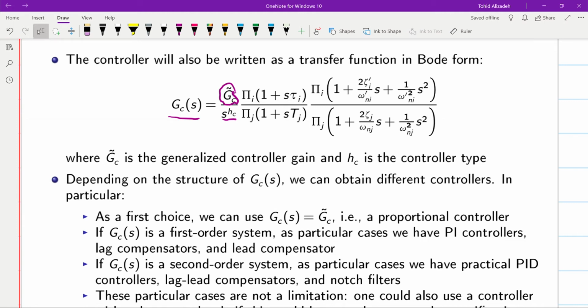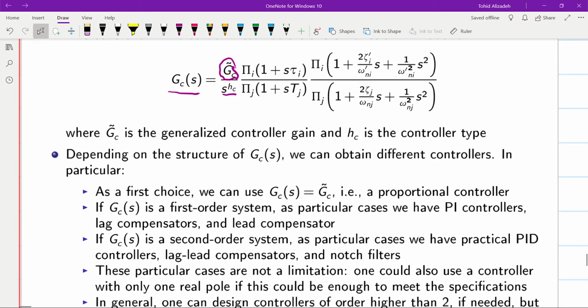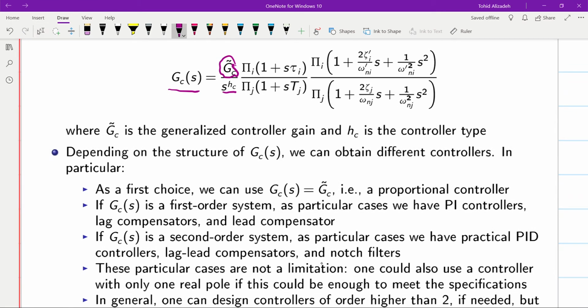The different types of controllers that we have start with a proportional controller, where GC(s) will be equal to GC tilde. This will be the simplest controller, and you should know that the effect of this controller would be to move the amplitude plot up or down.